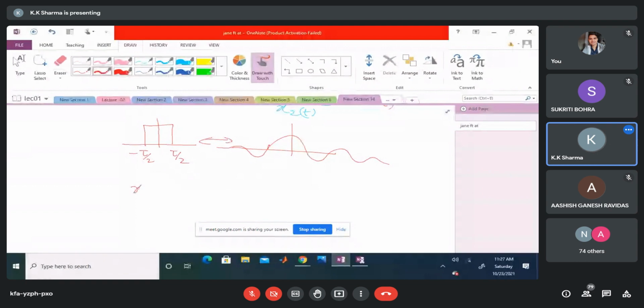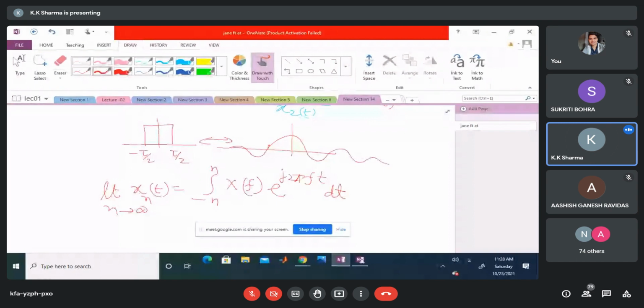x_n(t) is equal to the integral from minus n to plus n of X(f) e^{j2πft} df. This is the definition of inverse Fourier transform, and then ultimately you have to take the limit of this.